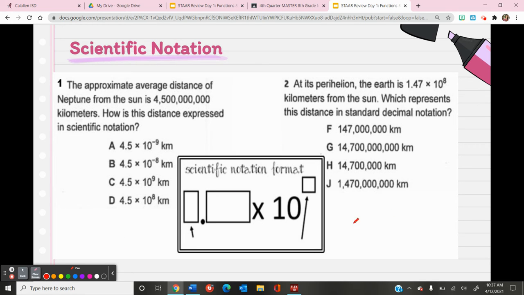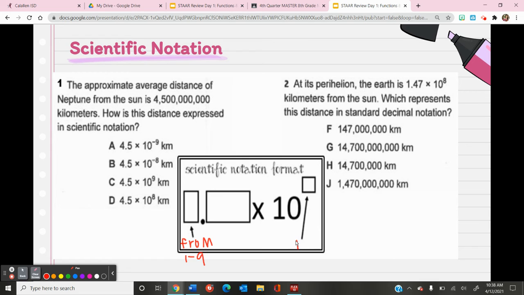So before we do that, I want you to go ahead and look down here at the scientific notation format. Now, again, the number in front of your decimal point has to be a number from 1 through 9. So this cannot be a double digit, and it cannot be 0. And then you would put the rest of the numbers, you would multiply it by 10 to the power of.